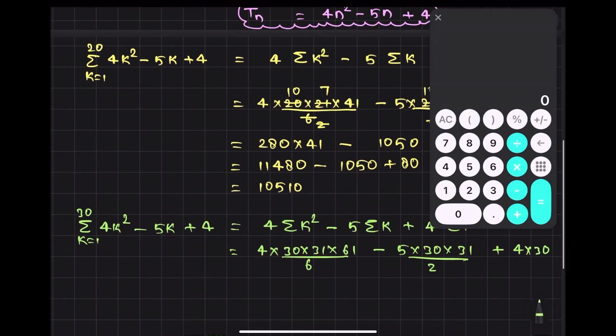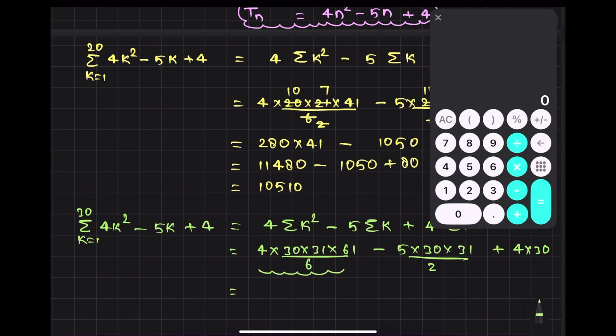Now how will we solve this? You will take common. From here and here you can take 30, 31 by 2 common. We will be left with 4 times 61 by 3, minus 5 times 31.